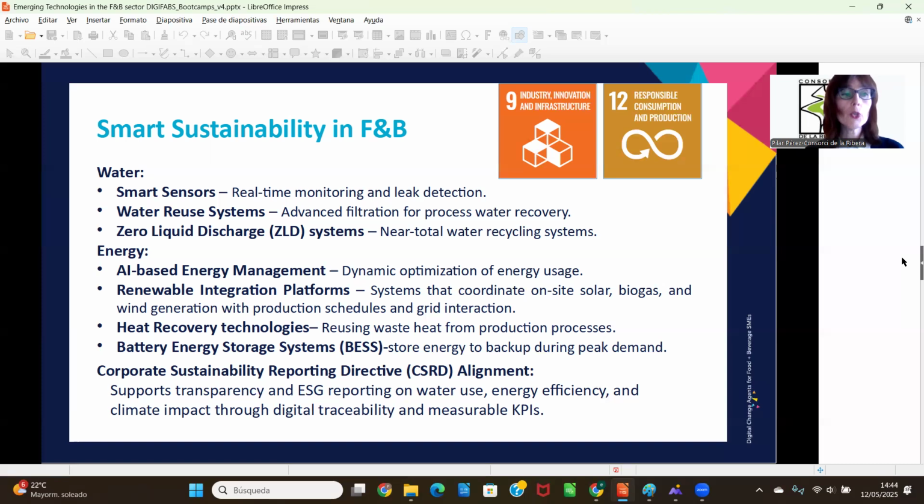Its goal is to provide transparency and also environmental, social, and governance reporting on water use, energy efficiency, and climate impact through digital traceability and measurable KPIs. This way, we try to avoid fraud and prevent greenwashing.